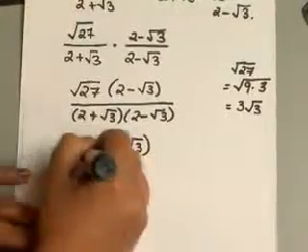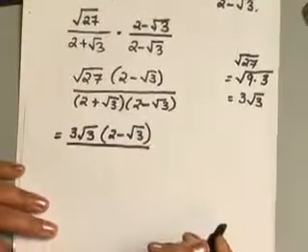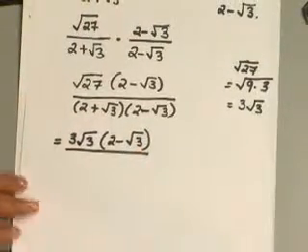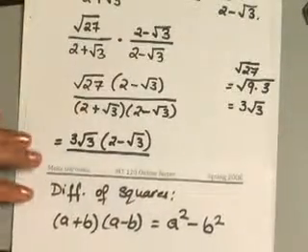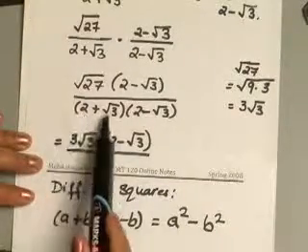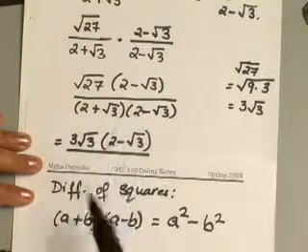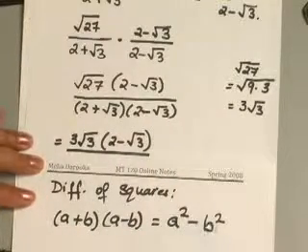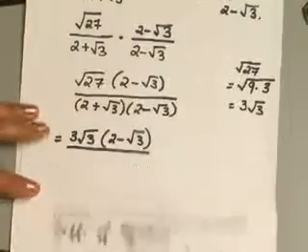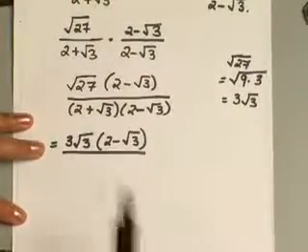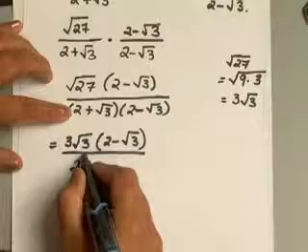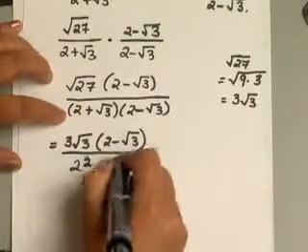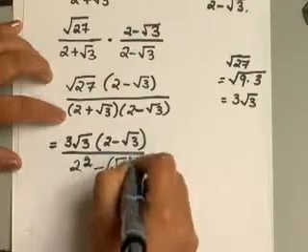with our conjugate here, your denominator, of course, is the same thing as applying the difference of squares. So for 2 plus square root of 3 times 2 minus square root of 3, we'll go ahead and apply this idea. A square minus b square is what your product should be. So let's go ahead and square 2, minus square root of 3 squared.